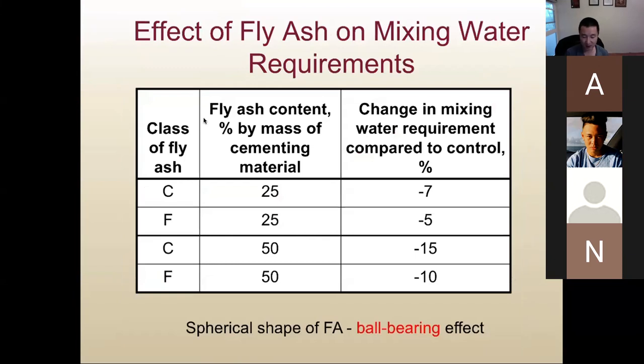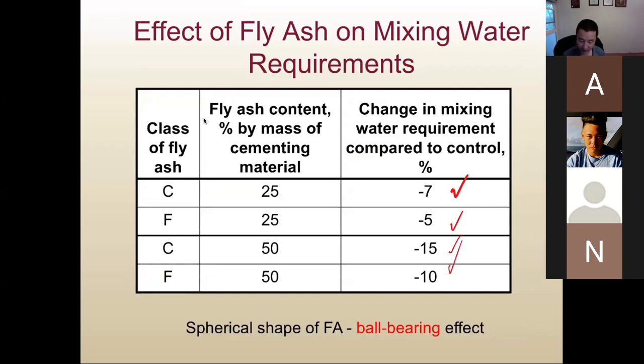Because of the spherical shape of fly ash particles, when we introduce fly ash to concrete, it may facilitate the mixing of concrete. So the requirement for mixing water is lower when we introduce fly ash into concrete. As we can see from here, the water requirement is reduced for different types of fly ash.